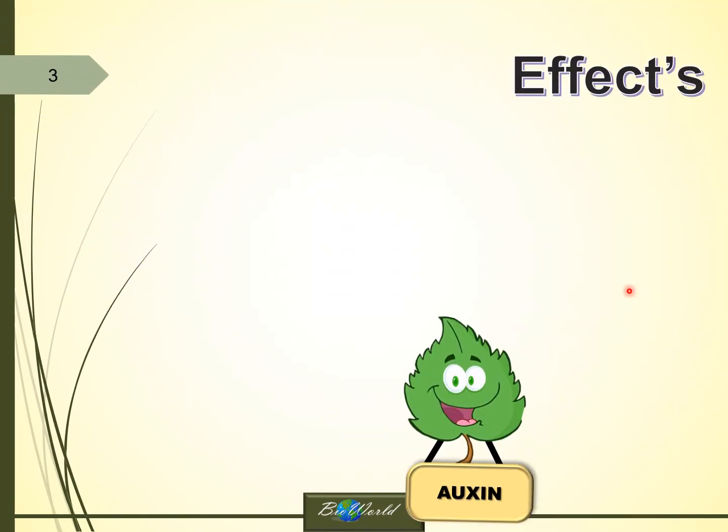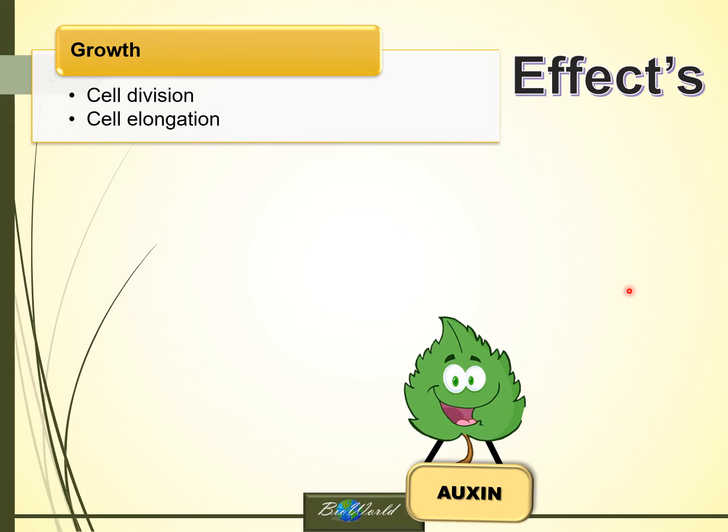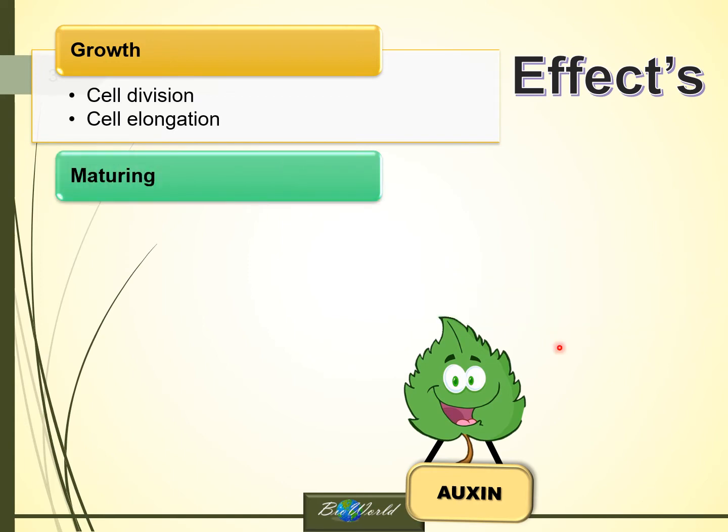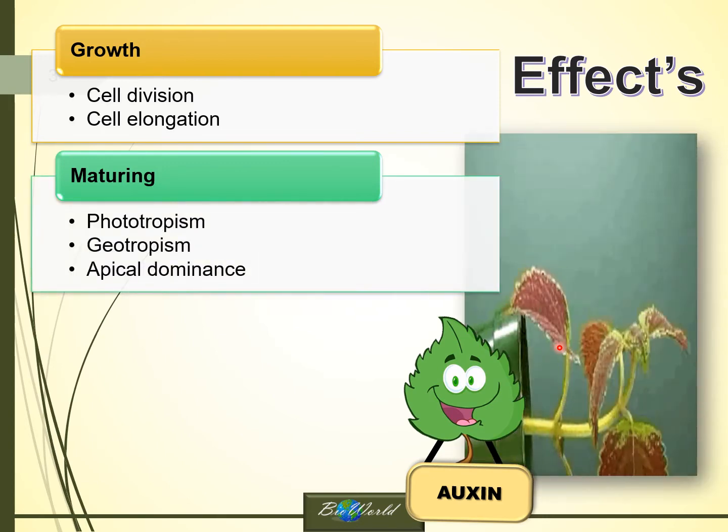Let's start with the first effect, that is growth. There are two stages involved in growth. One is cell division by mitosis to increase the number of cells in the plant. And the second is cell elongation to help the plant grow taller. Then under maturing, we have three factors.